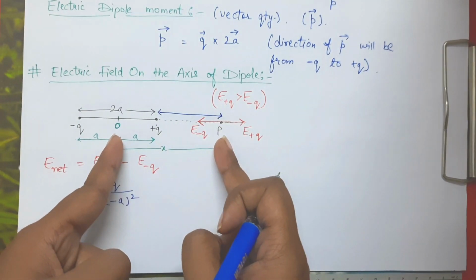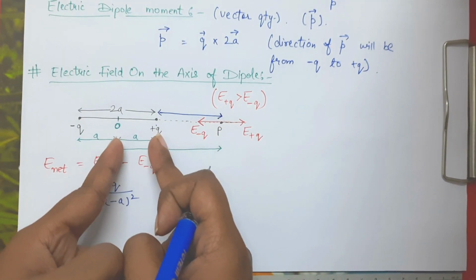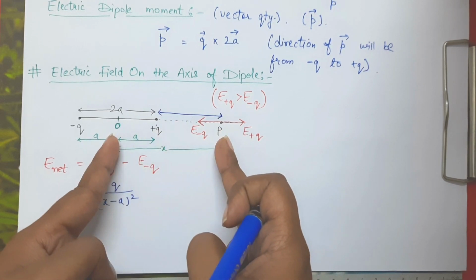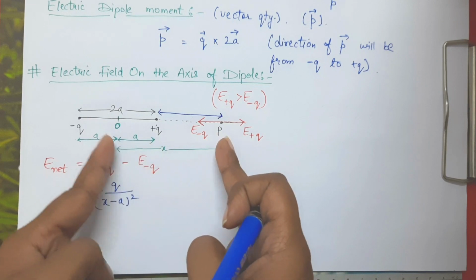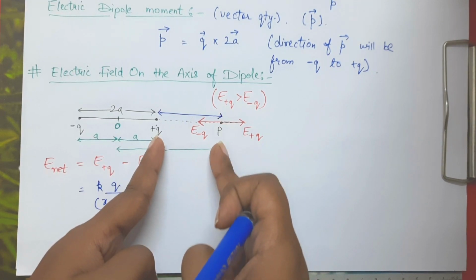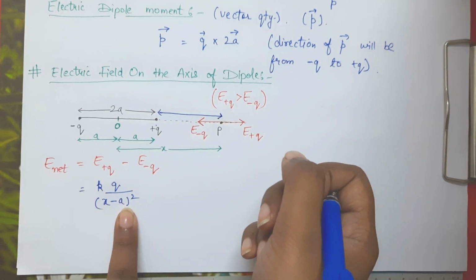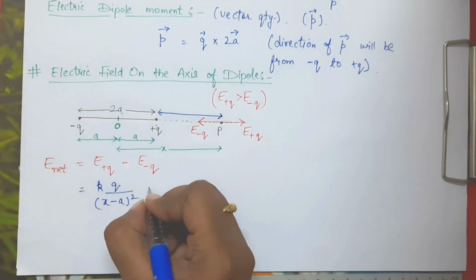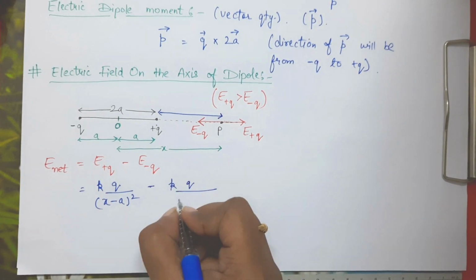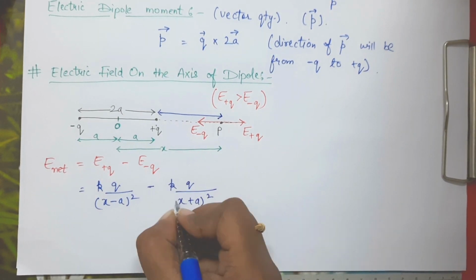See, this distance is X and this distance is A. So this remaining distance will be X minus A. So X minus A will be equal to the distance between plus Q charge and point P. So that's why X minus A whole square, minus KQ divided by X plus A whole square.